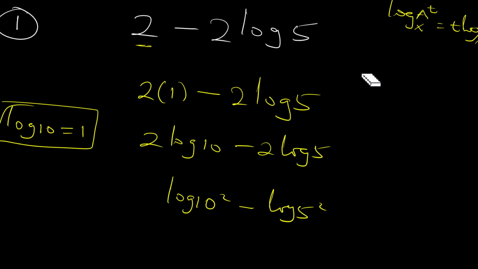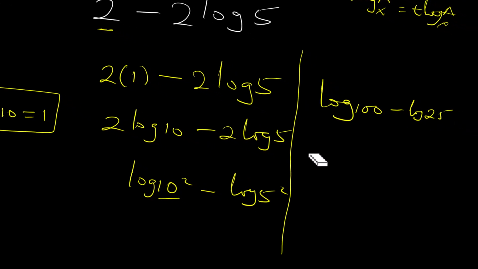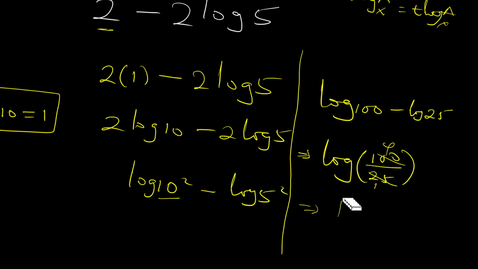This becomes log 100 minus log 25. Minus means quotient, so we divide: log 100 over 25. 25 into 100 is 4 times, so the answer is log 4.